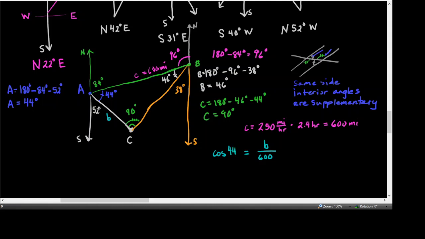So to solve for B, I would multiply both sides by 600. That's in calculator ready form now. And B is approximately 430 miles.